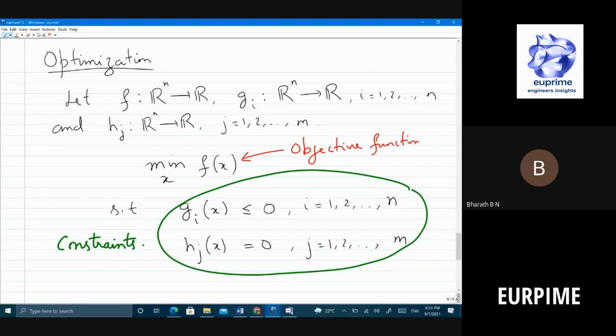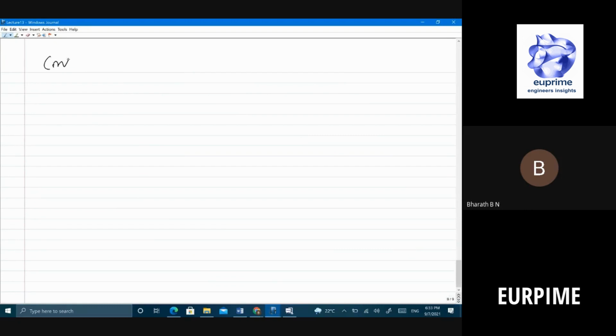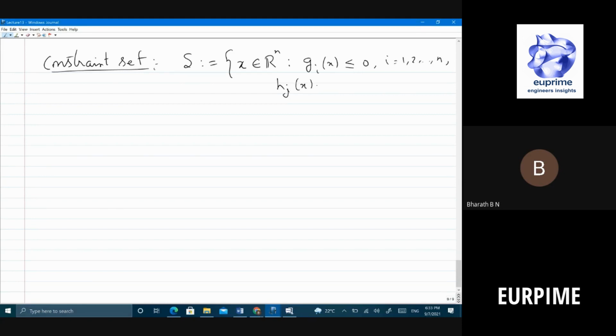So let me write that constraint set. It is the set of all x in Rn such that g_i of x is less than or equal to 0, i equal to 1 to n, and h_j of x equal to 0, j equal to 1 to m.